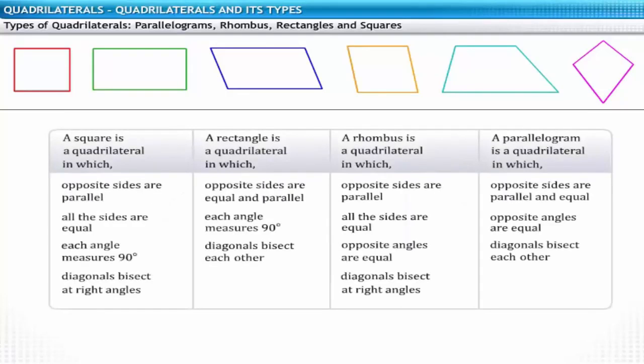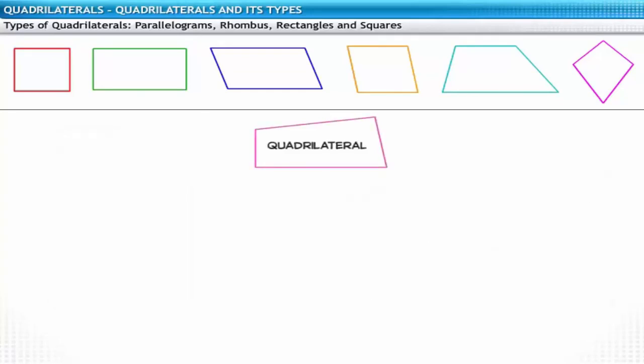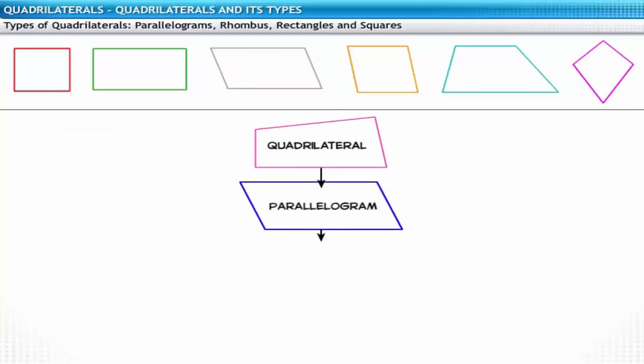Thus, squares, rectangles, rhombuses, and parallelograms can also be defined in terms of quadrilaterals as shown. The relation between these can also be represented as shown.